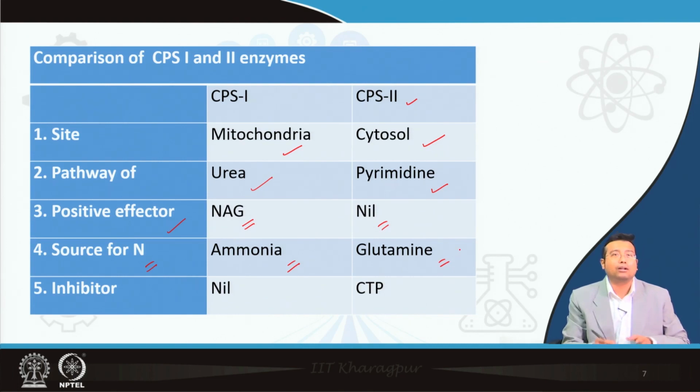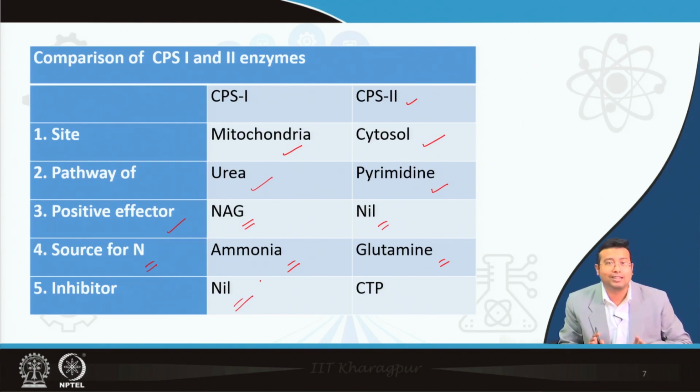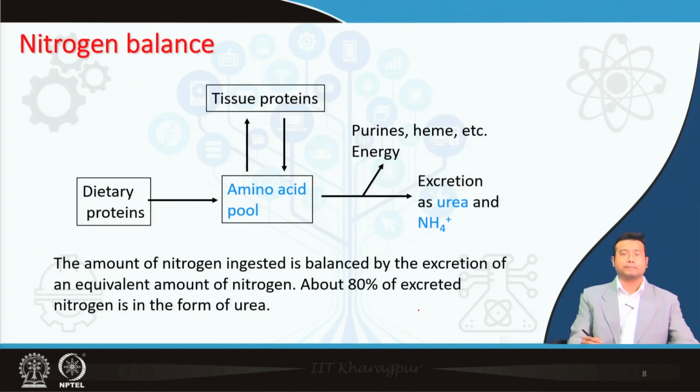Is there any inhibitor of CPS1? There is no known inhibitor. So, if we have an activator, it will increase more. If we do not have the effector, it will still go on. Nobody is there to stop the urea cycle. Why? Because it is very important. If urea cycle stops, there will be many problems in our body, which is the discussion of today's topic. And CTP is the inhibitor of carbamoyl phosphate synthetase 2.